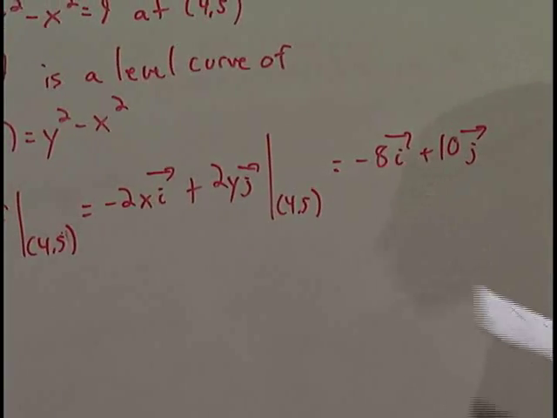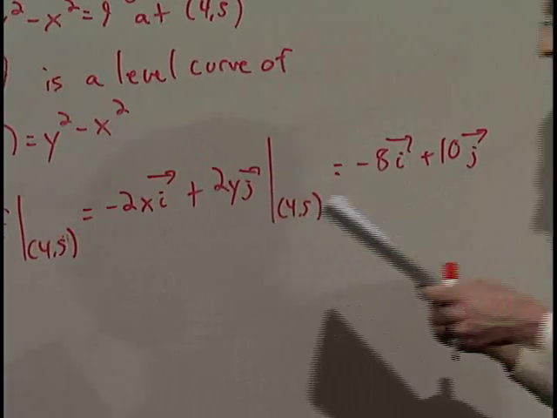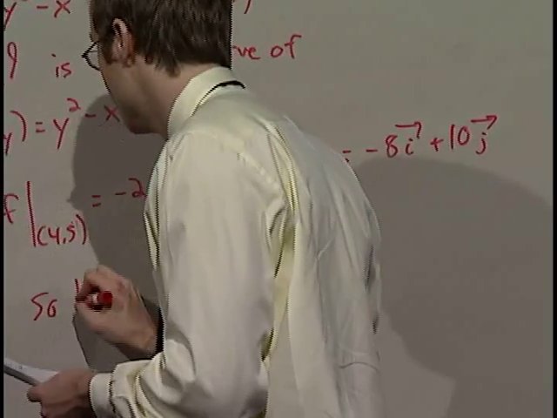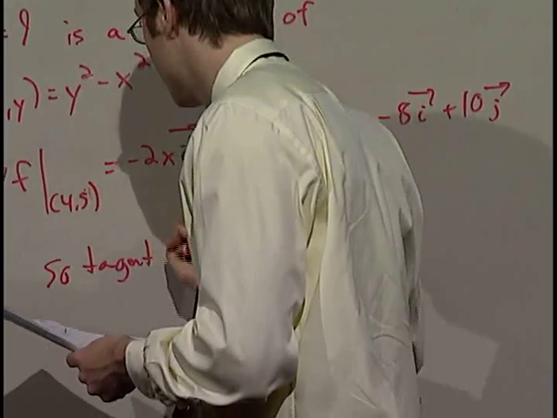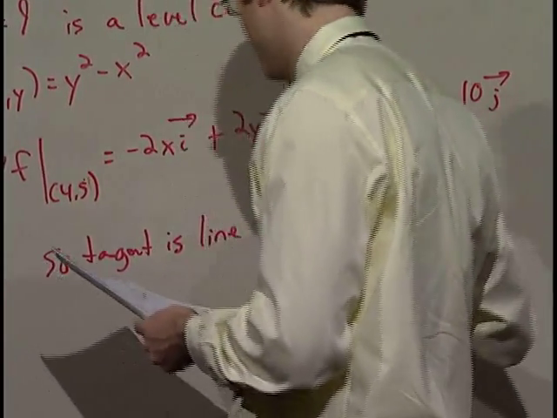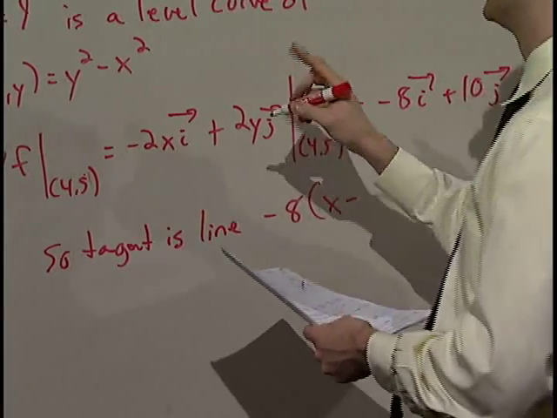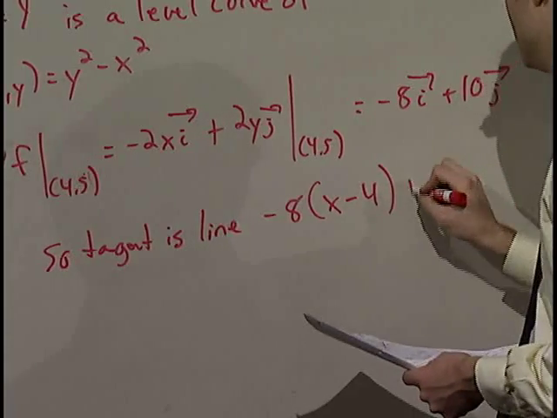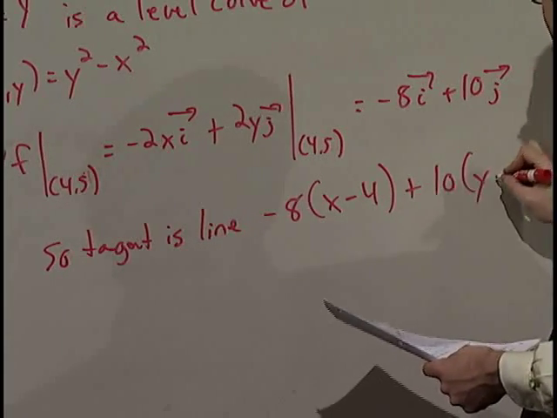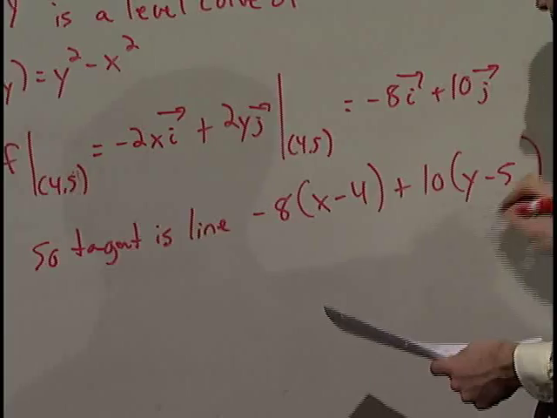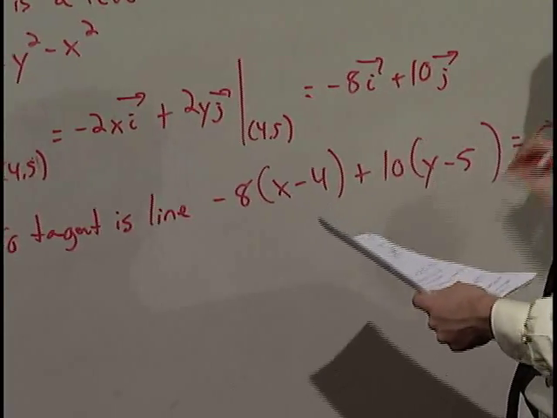So there's the vector normal to the hyperbola at that point, right? And so the tangent is the line, what? So it should be negative 8 times x minus 4, our point is 4, 5, plus 10 times y minus 5 equals 0.